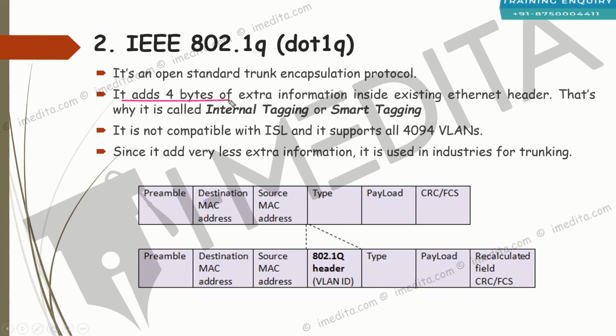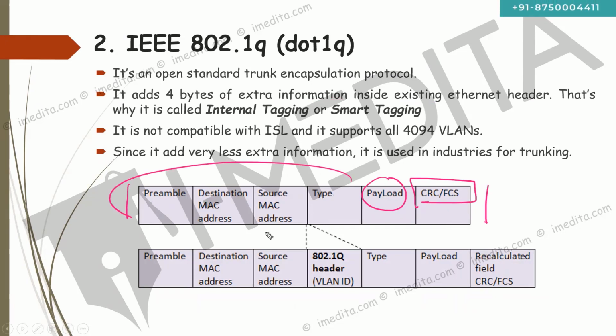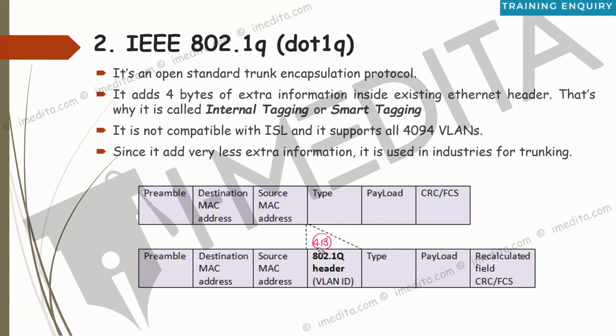It adds 4 bytes of extra information inside the existing Ethernet header. So this was your data link layer header, and this was the data and trailer. In the header itself, it is going to add the .1Q header. It is just going to add 4 bytes of extra information in between the source MAC address and the type field.